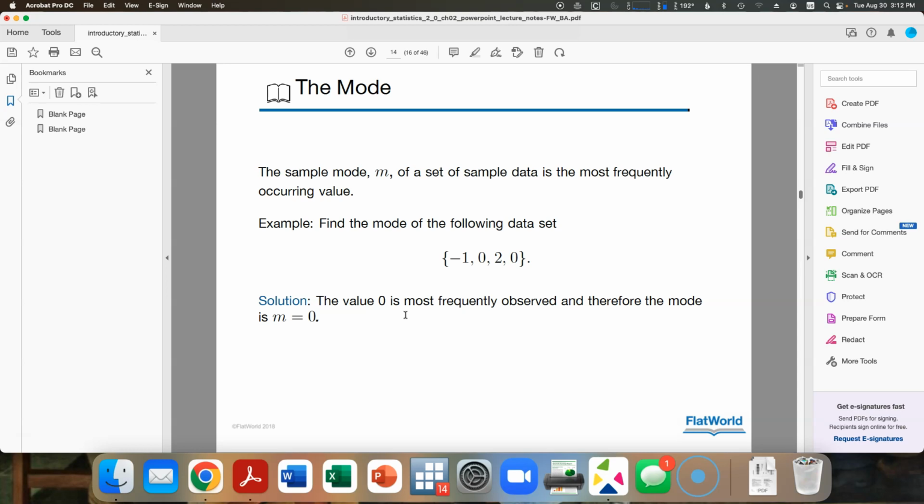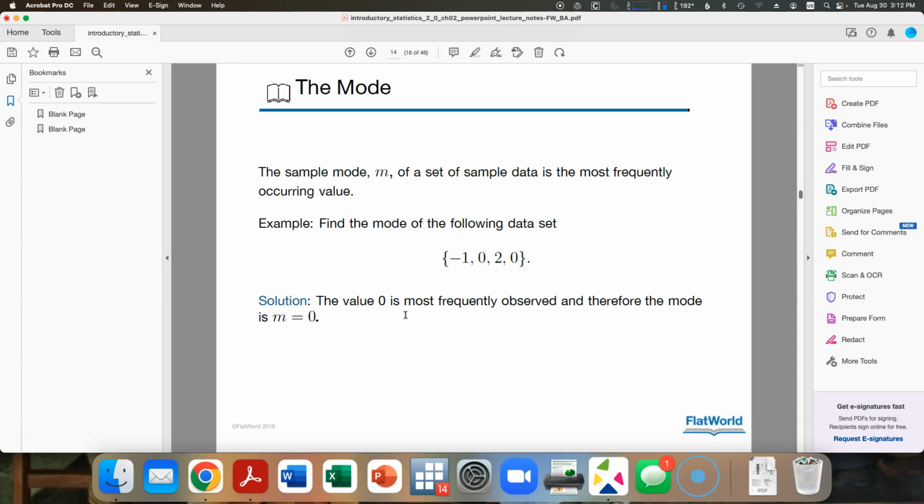So again, with the mode, what we're trying to do is find the most frequently occurring value. So if we had this very simple data set, 0 appears most often, so 0 would be our mode.